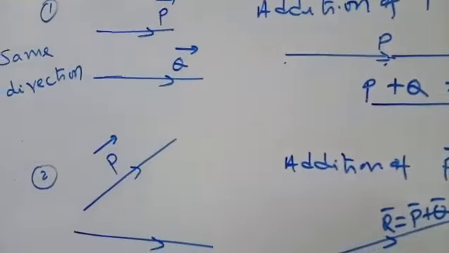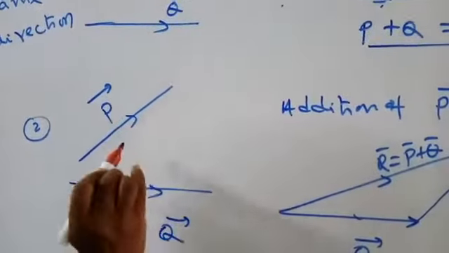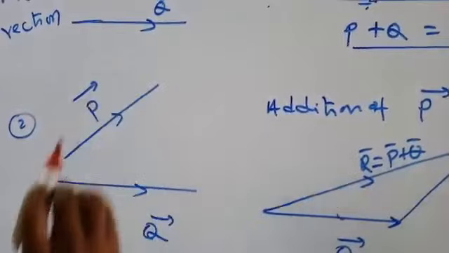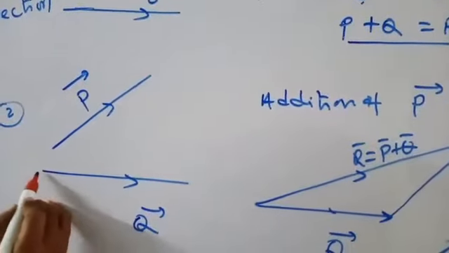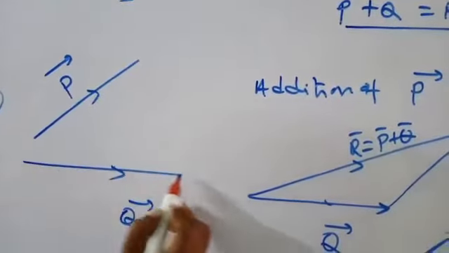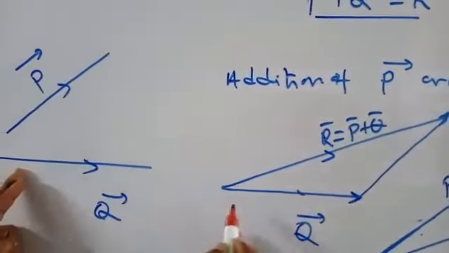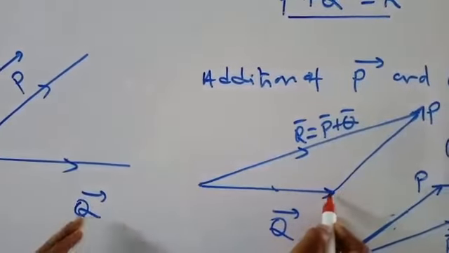Second case: the vector Q bar and the vector P bar are not in the same direction, not parallel, like this. For the addition of P bar and Q bar, first you have to take Q bar.